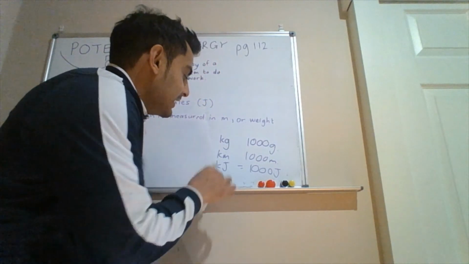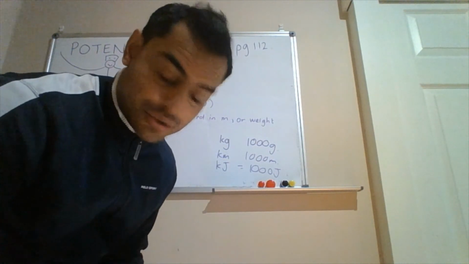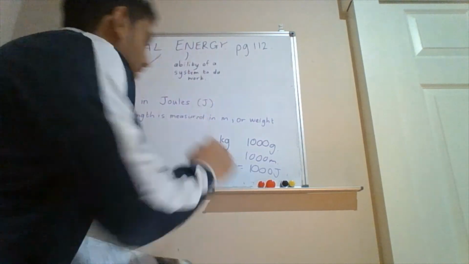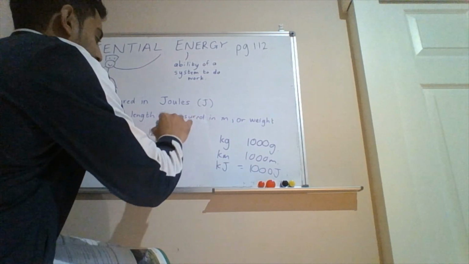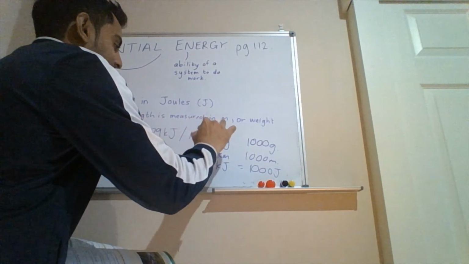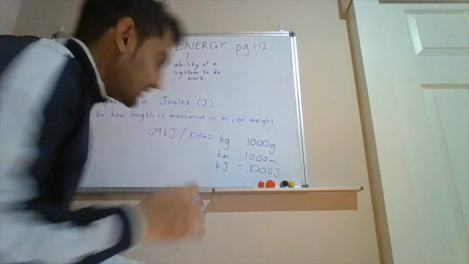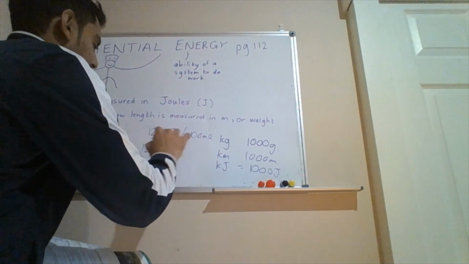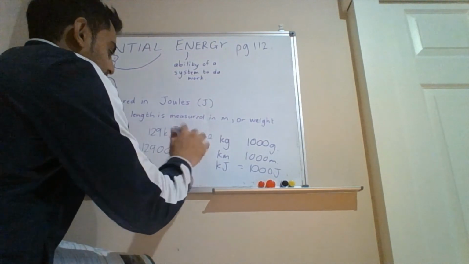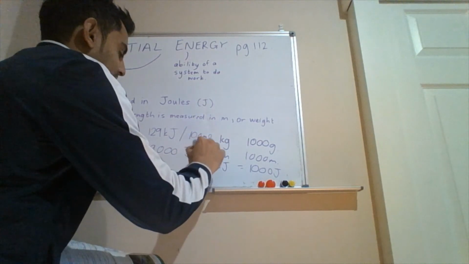And so similarly, kilojoules is 1,000 joules. So when we see this measurement of 129 kilojoules per 100 milliliters, this tells us in joules that it's 129,000 joules per 100 milliliters.